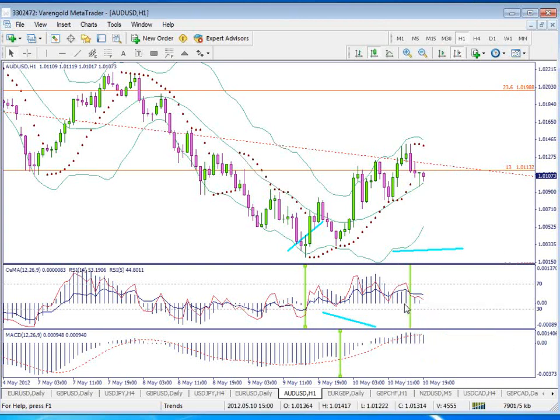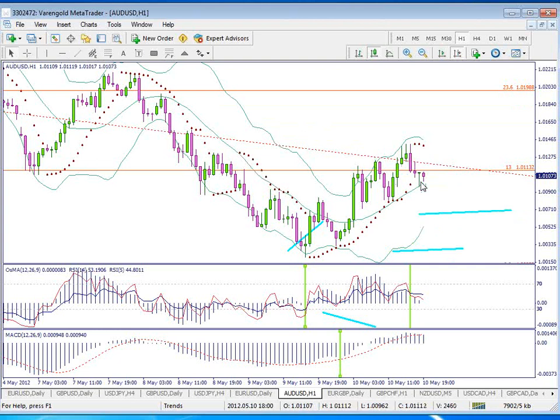You see here we have signal for sell, this one 13. We have a lot of chance to have one down move of the Aussie dollar, maybe on this level, something like this.